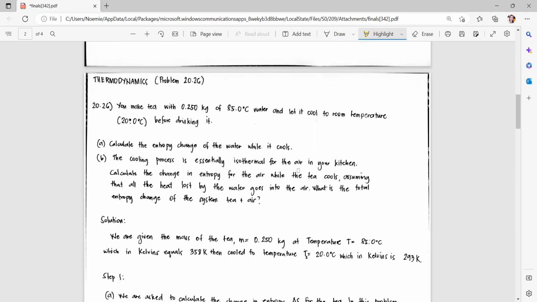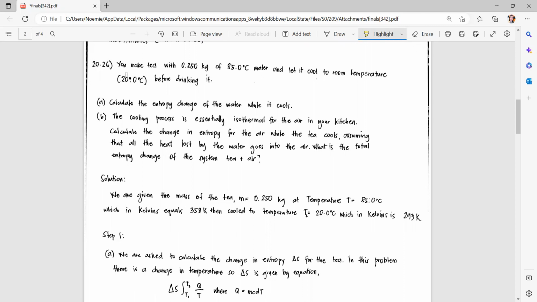So next is thermodynamics. I chose problem 20.26. So the problem is you make a tea with 0.250 kilograms of 85 degrees Celsius water and let it cool to room temperature, 20 degrees Celsius, before drinking it.